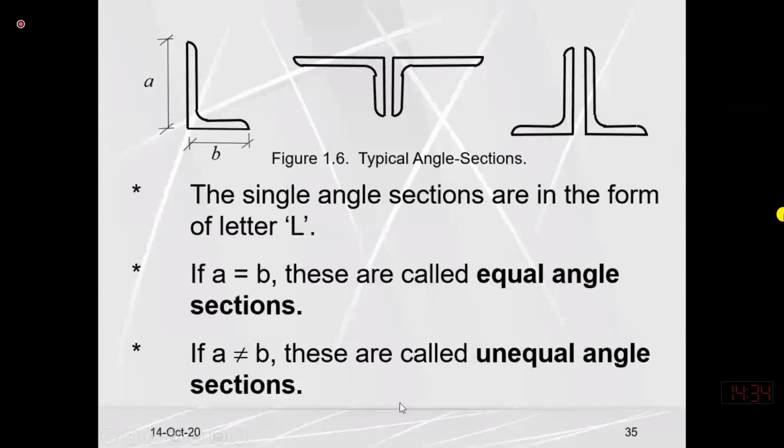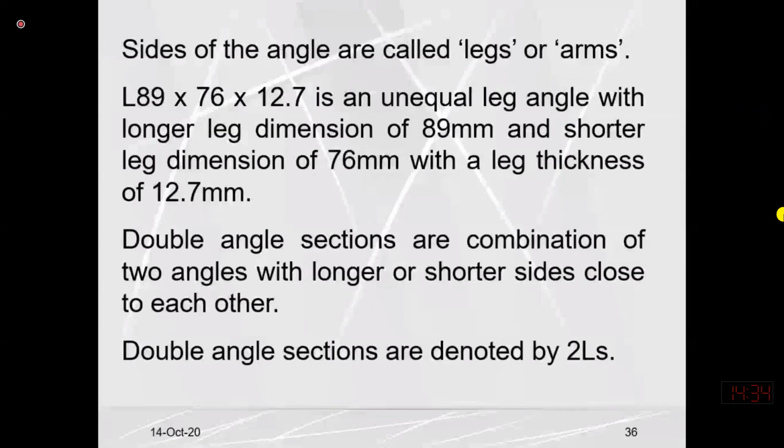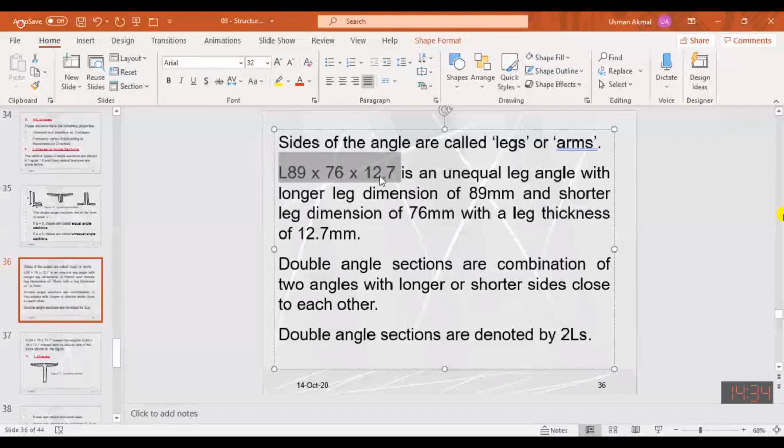Here, the designation for an angle section is different from I section and channel section. Here we have three parameters, or three numbers. L represents angle section. The first two dimensions represent the lengths of the legs.